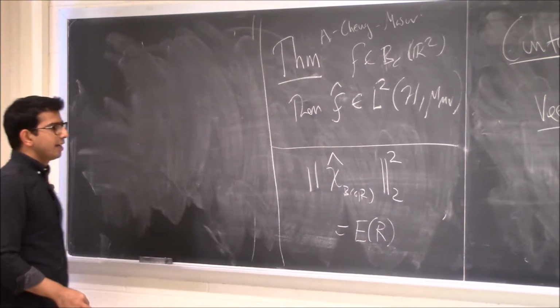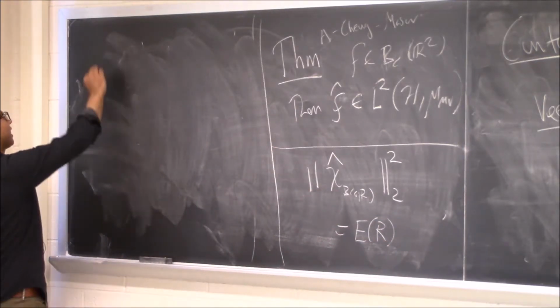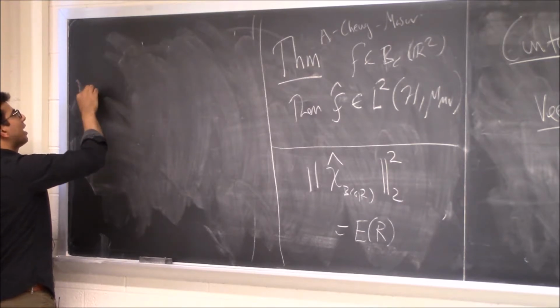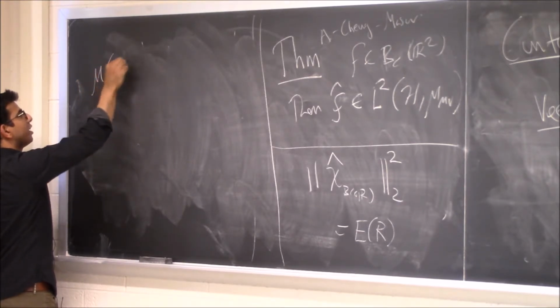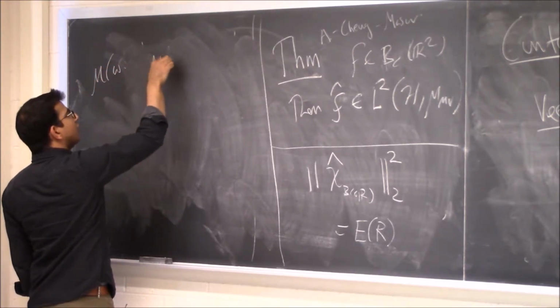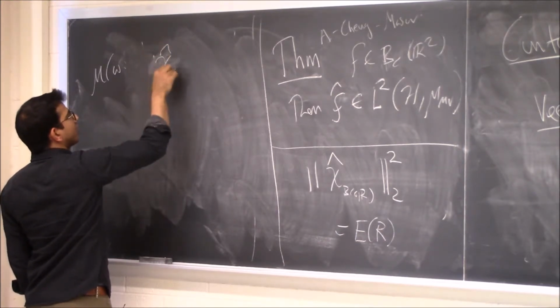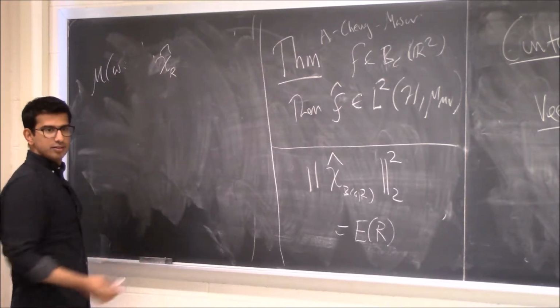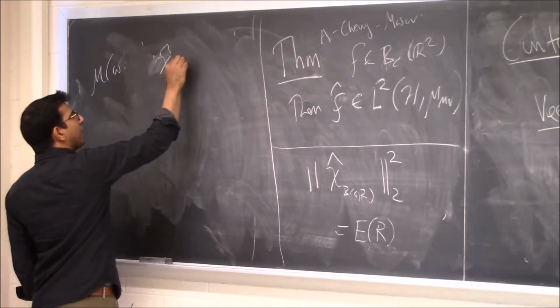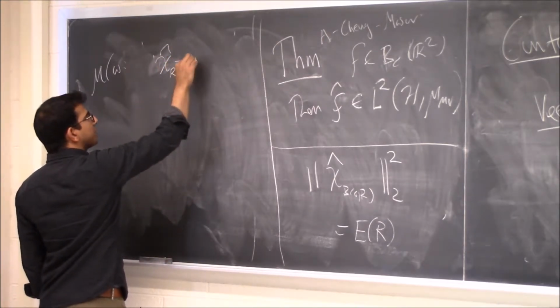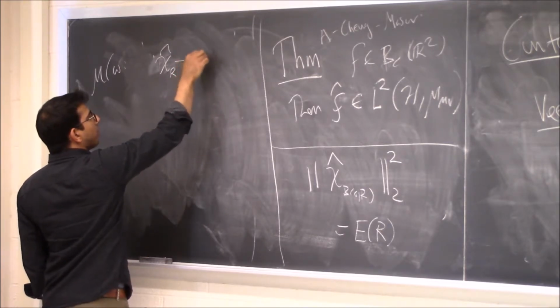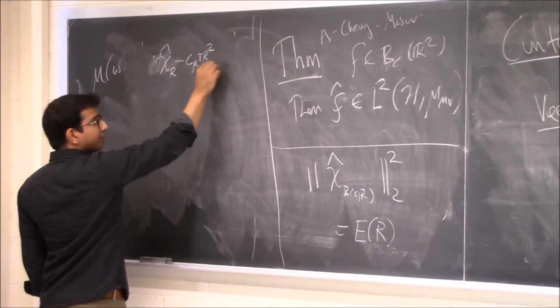Then what could I say? I could look at the measure of the set of omega such that n of omega r, this chi hat r, minus what it ought to be, c mu pi r squared, which is the mean of it.